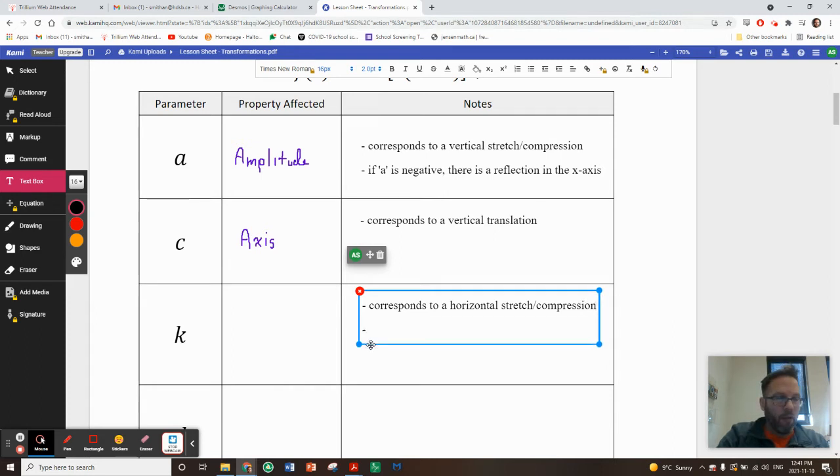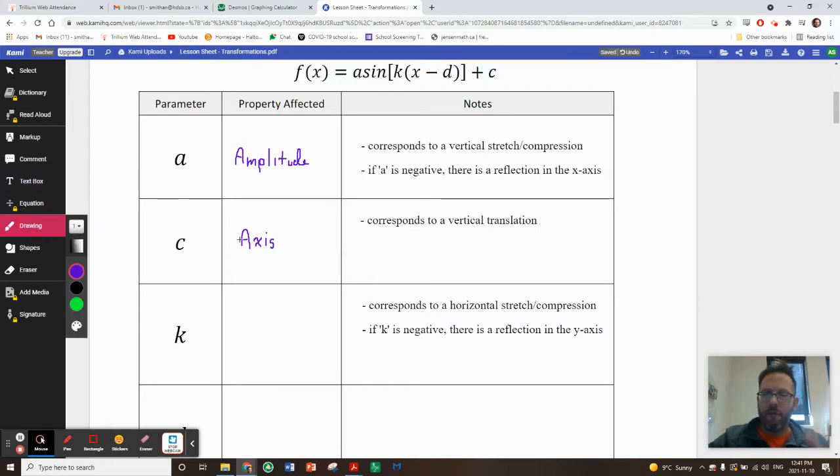And if k is negative, there is a reflection in the y-axis. And of course, if I compress a periodic function horizontally or stretch it out, the property that it's affecting is the period.